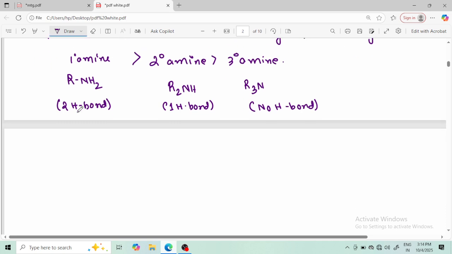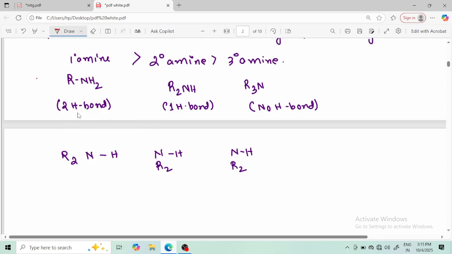So basically what is the whole logic behind this? Let's say I'm considering 2 degree amine, so it will have this hydrogen, right? So this one hydrogen, and this is the same molecule. So let's assume that this is the molecule that we are using.